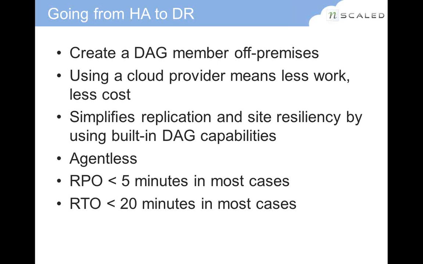Now, if you do some research on what the recovery point objective is for Exchange 2010 DAG, you get a variety of answers. Just to back up a little bit, a recovery point objective is the term that refers to how much data you could lose in the event of an outage.